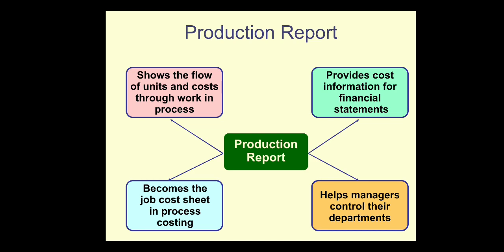So when you prepare the balance sheet, one of the things that you have to show in the balance sheet is the current asset inventory. So when you want to put a number or value on the current asset inventory, you have to refer to production report. So production report provides the number for the current asset inventory that you have to put in the balance sheet.